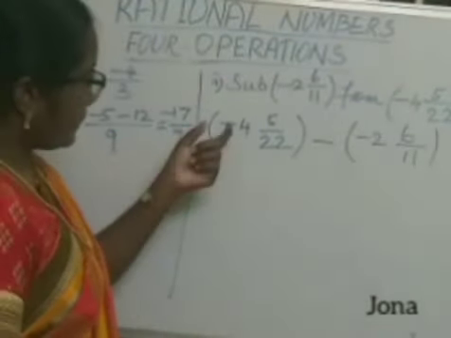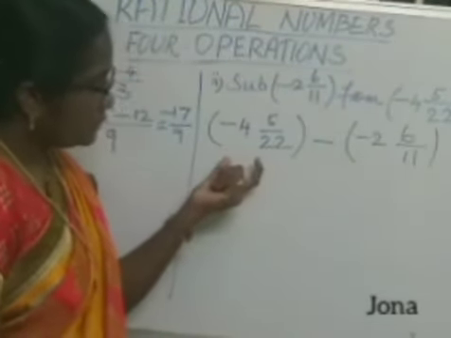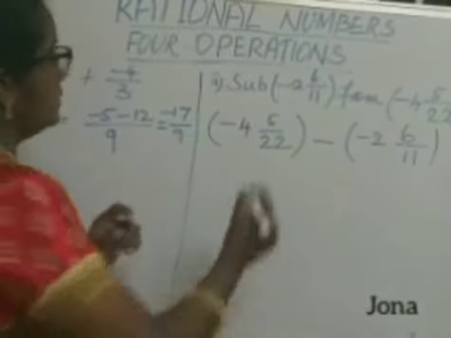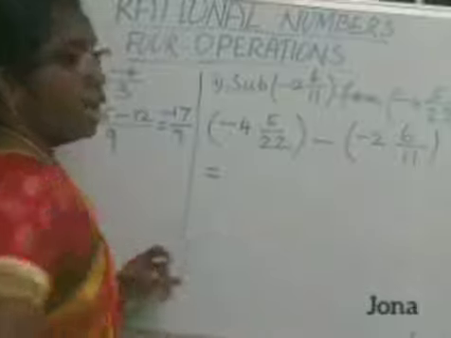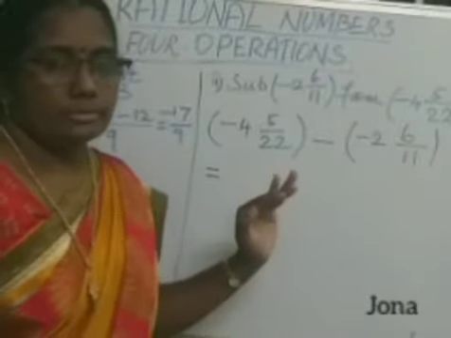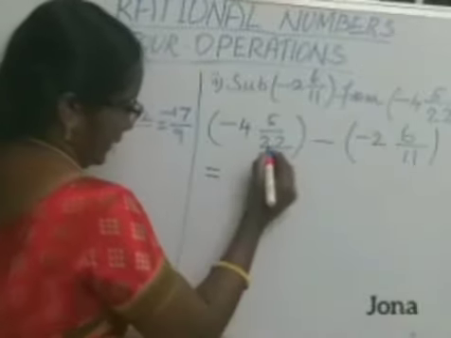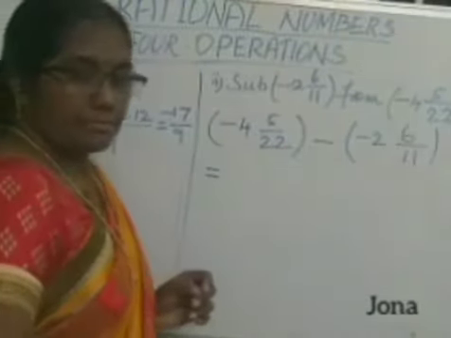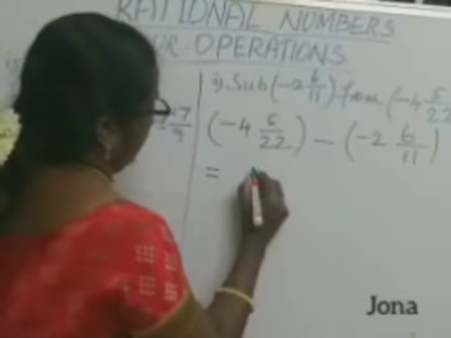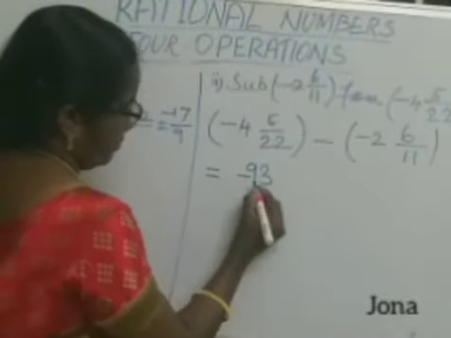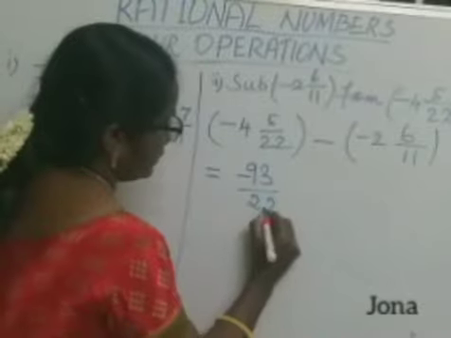We are subtracting this number from this one. First I want to convert this mixed number into an improper fraction. So 4 twenty-twos are 88, 88 plus 5 is 93. Here I have a minus symbol, so minus 93 by 22.